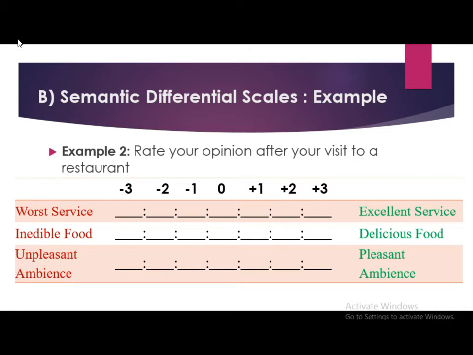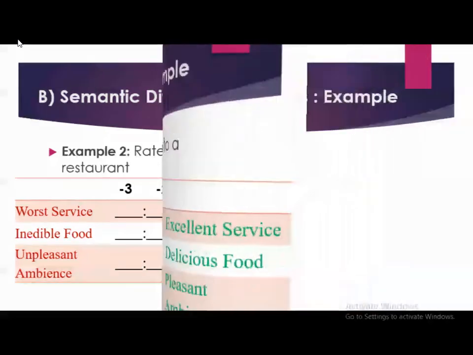So there are three parameters and respondents have to click between -3 to +3. Suppose the food is extremely delicious, then I will put +3. If the ambience is not that pleasant, then I may put +1. So depending on the response, I will click between -3 to +3. So this is again an example of a semantic differential scale.